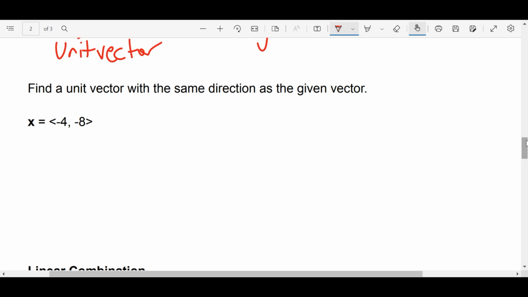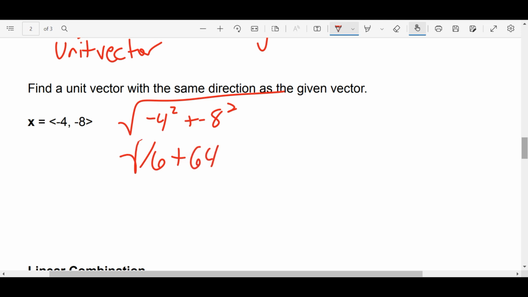So once again, if I want to find the unit vector, let's find the magnitude. Negative 4 squared is 16. Negative 8 squared is 64. It's equal to the square root of 80. I can simplify the square root of 80 a little bit more, and I'll get 4 root 5, from root 16 and root 5.